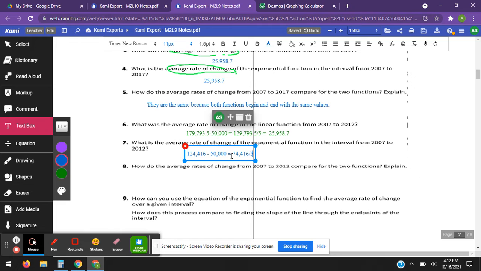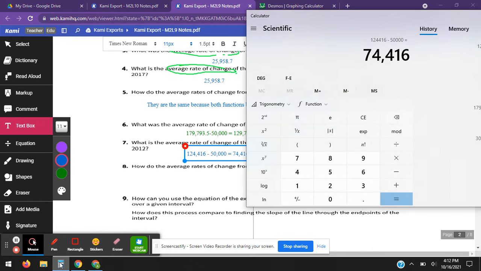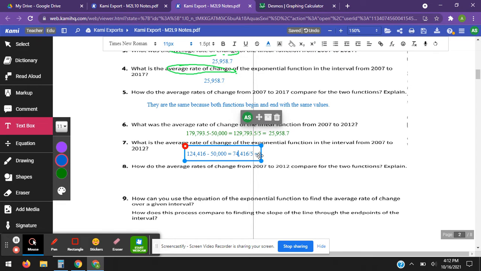And then I need to divide that by 5 because it's over a 5-year period. That's 14,883.2. Was that right?